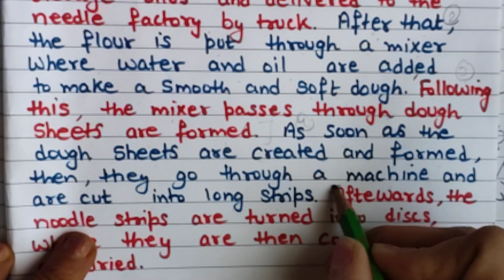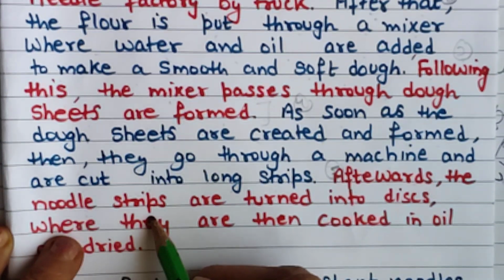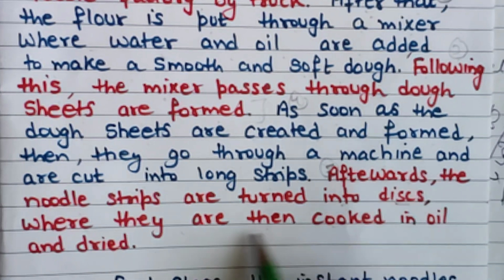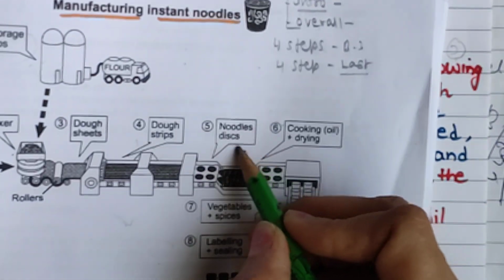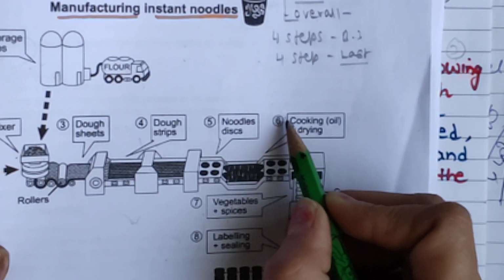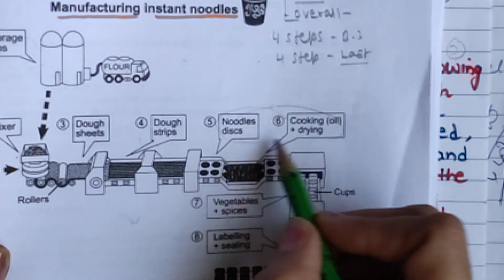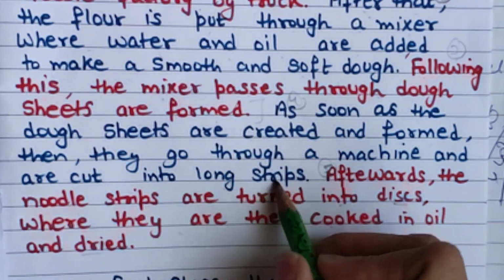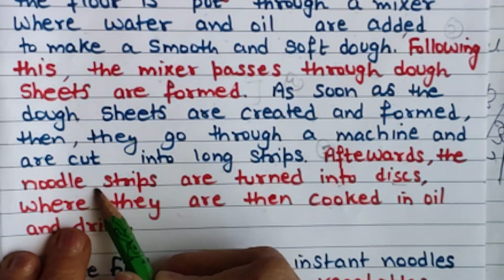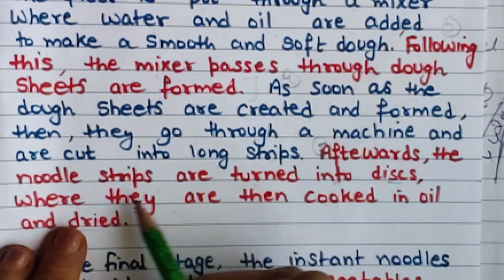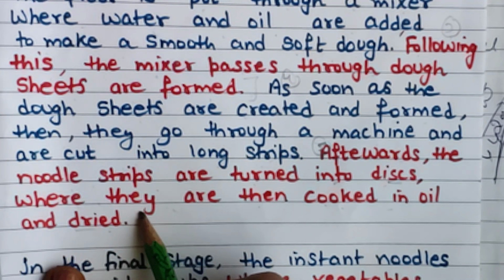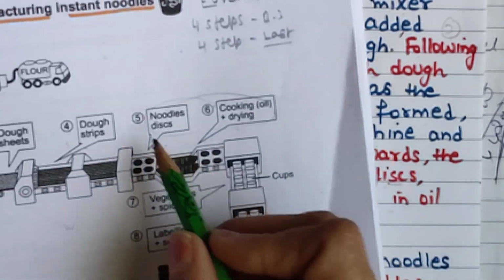Okay, now fifth step. Afterwards, the noodle strips are turned into discs, where they are then cooked in oil and dried. You can see noodle discs. Okay, the sixth and fifth, I have combined these two steps. Noodle discs they have created.